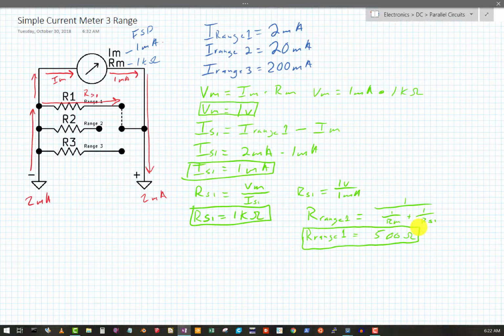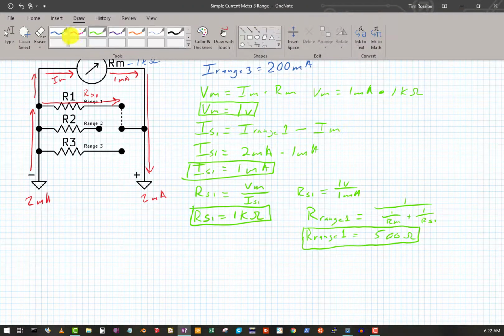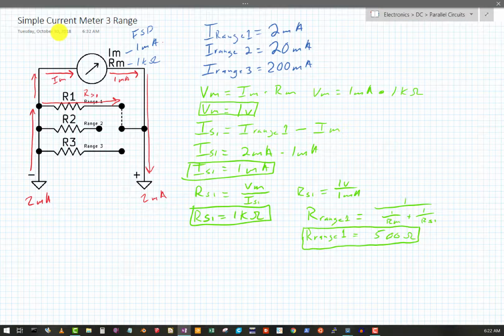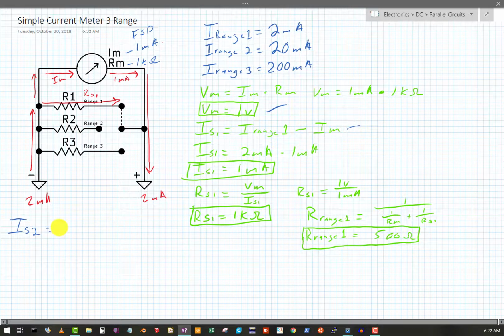Alright, so let's quickly do range 2. Some of this is going to be the same, so V meter is going to be the same. This formula essentially is the same, but let's go over here and I'll say IS2.